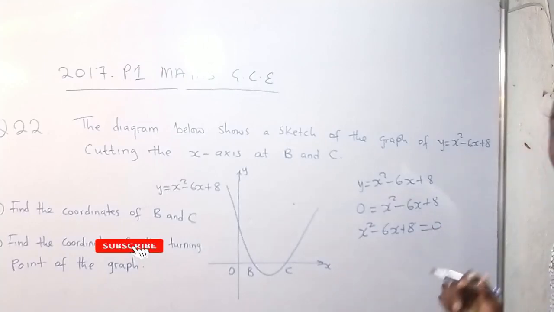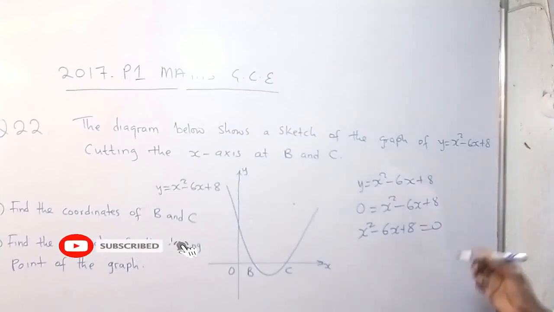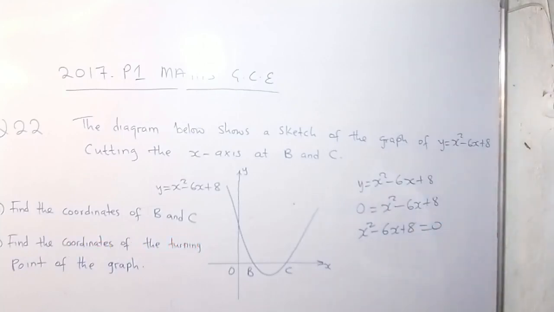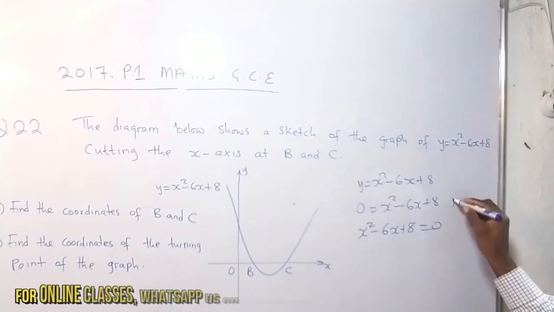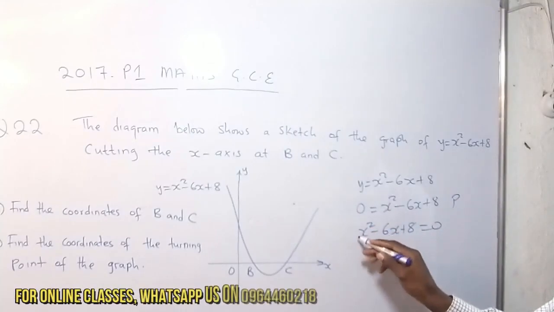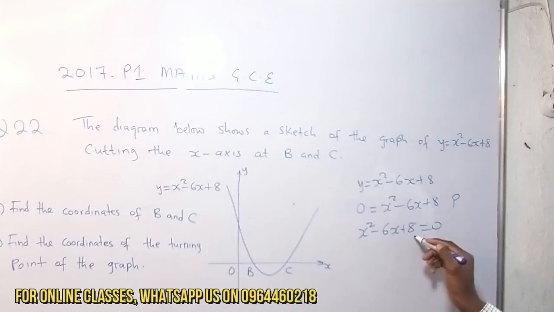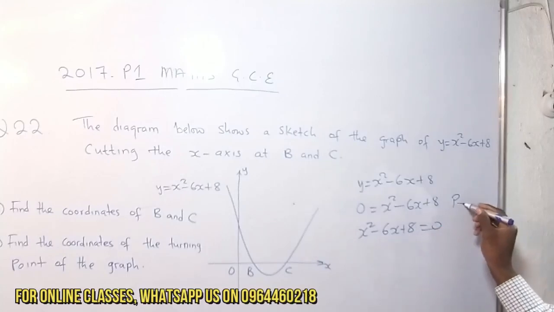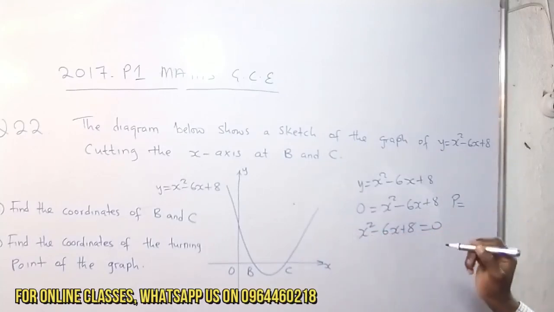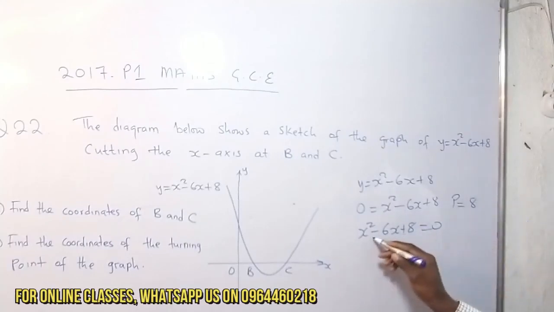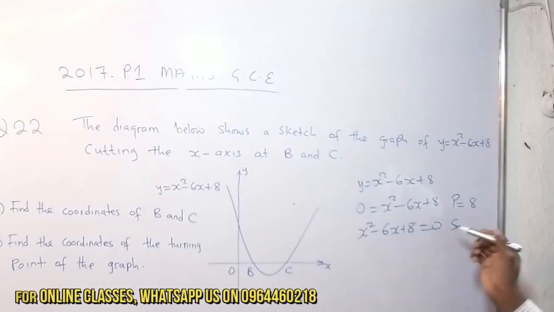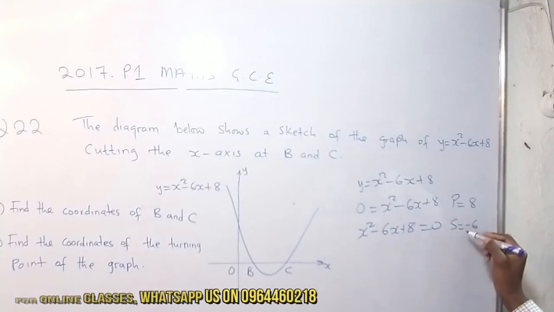At this stage, we can use the factorization method, which is finding the product and the sum as well as the factors. The product is the coefficient of x squared multiplied by the constant c, which is 8. That gives us 1 multiplied by 8, which is 8. The sum is the coefficient of the middle part, which is negative 6.